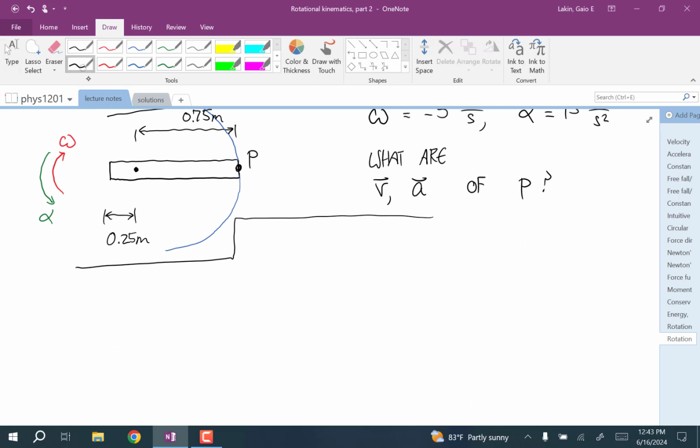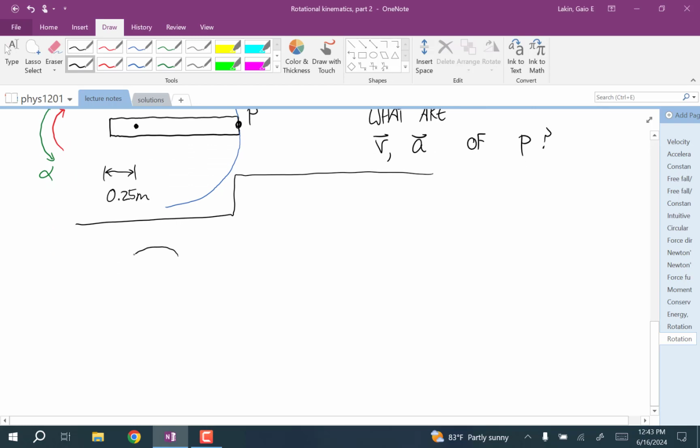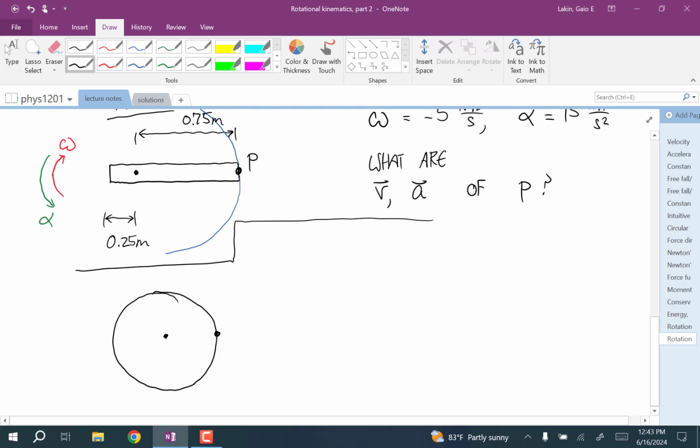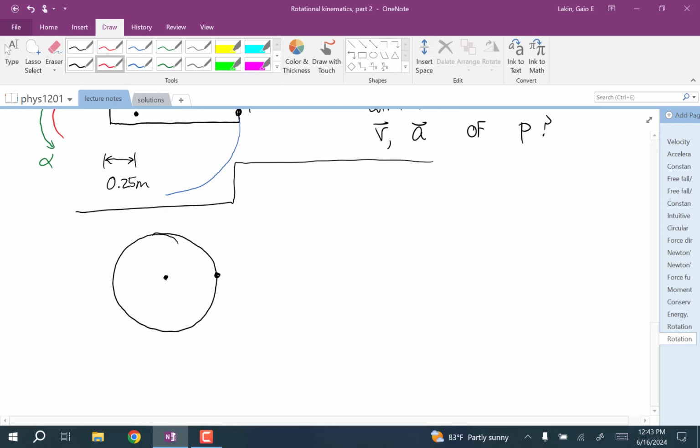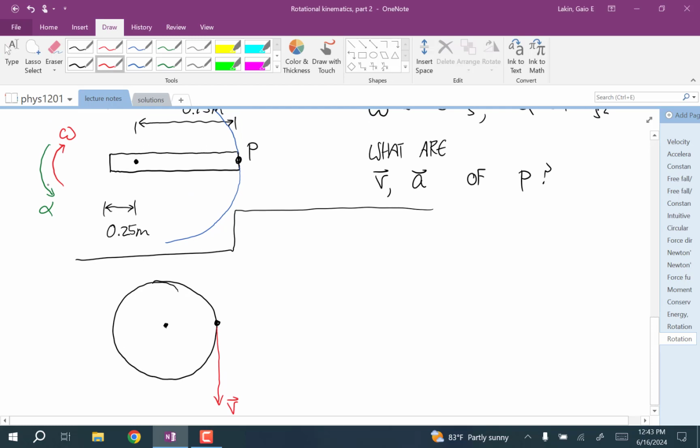Okay, so this is in effect a circular motion problem, and I am going to first draw the circular motion of P. There's P. The center is that pin. Based on the fact that this is rotating clockwise, I'm going to draw the velocity vector this way. Based on the fact that the angular acceleration is counterclockwise, I'm going to draw my tangential acceleration this way. Centripetal is always toward the center.